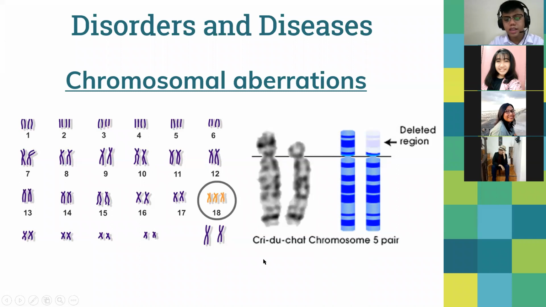So, one example is the deletion of the Q arm. Q arm to, if I'm not mistaken, the Q is for the short one. The Q arm or the short arm, yung deletion ng short arm na yon, it will cause what we call the Cri-du-Chat syndrome or Cri-du-Chat disease. So this is the deletion of the fifth chromosome.